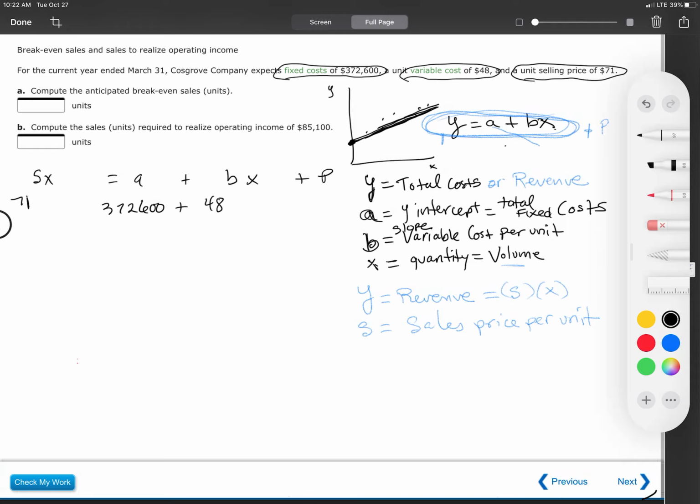And then it says compute the break-even sales units. What is units? X. Another word for X is units. So what are they asking? Compute the units. Solve for X. Well, break even is when profits are 0. So whenever they say solve for break even units, set your profit equal to 0 and then solve for X.